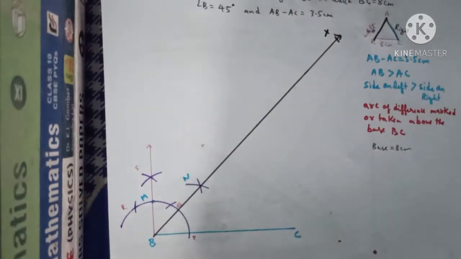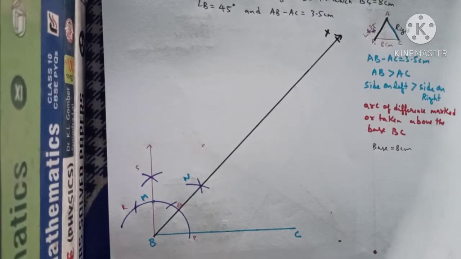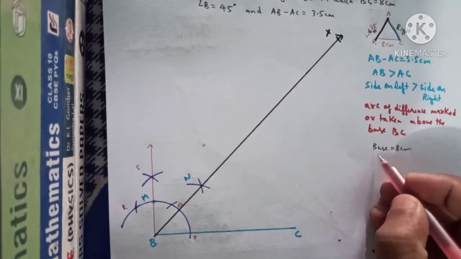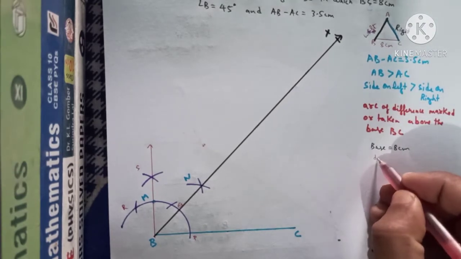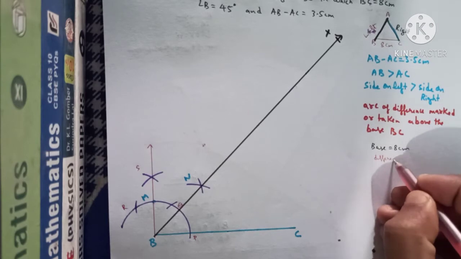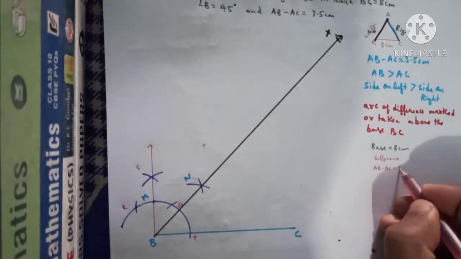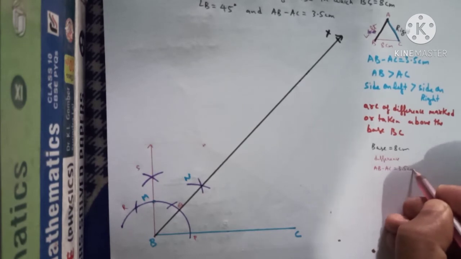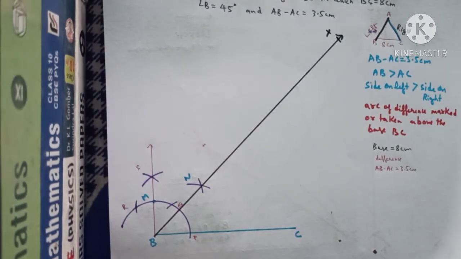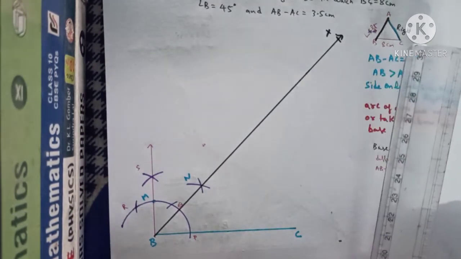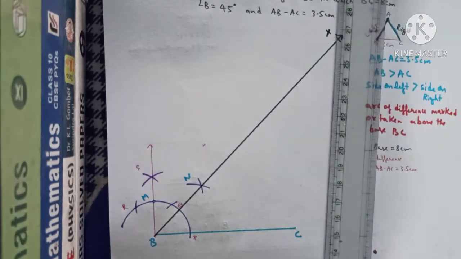Okay, now we will take the difference. Here the difference, that is AB minus AC, is given equal to 3.5 centimeter. So we have to measure radius equal to 3.5 centimeter.